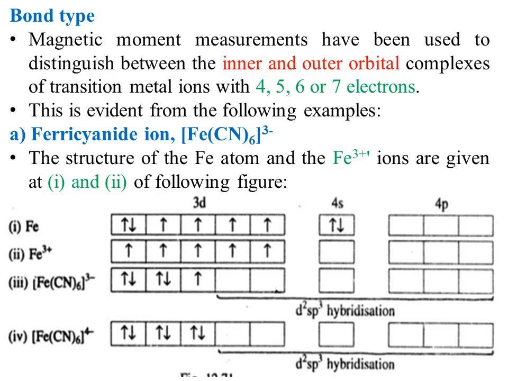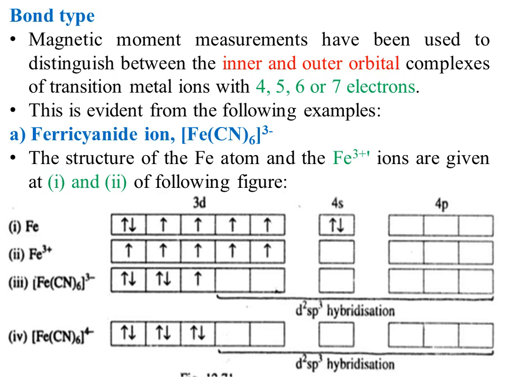This is evident from the following example of ferricyanide ion, and its ionic name will be written as hexacyanoferrate ion. The structure of iron atom and iron plus 3 ions are given in equation 1 and 2.